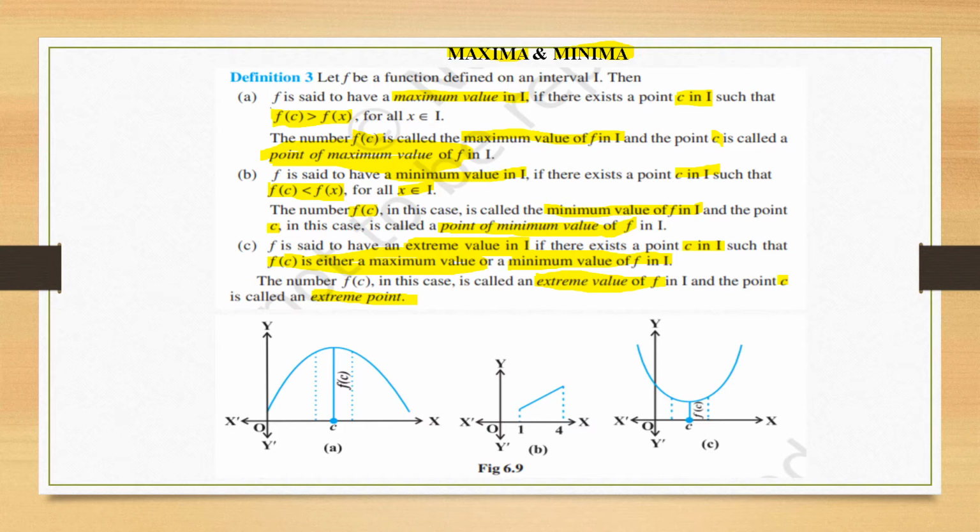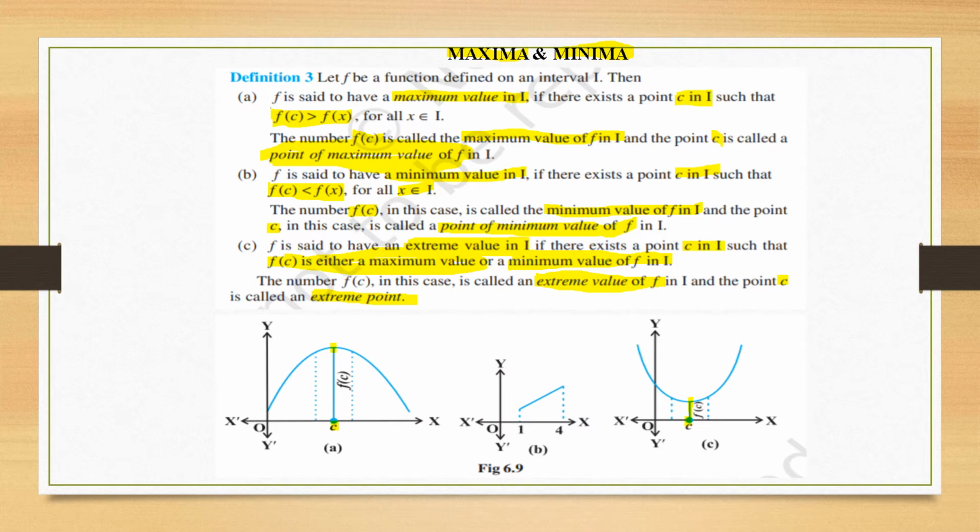You can find that it has the maximum value here, because at all other points adjoining this side or this side, the function is lower. Similarly, at this point C the function has its lowest value, while elsewhere it has greater values. So it is called the minimum value, and this is the point of minimum.